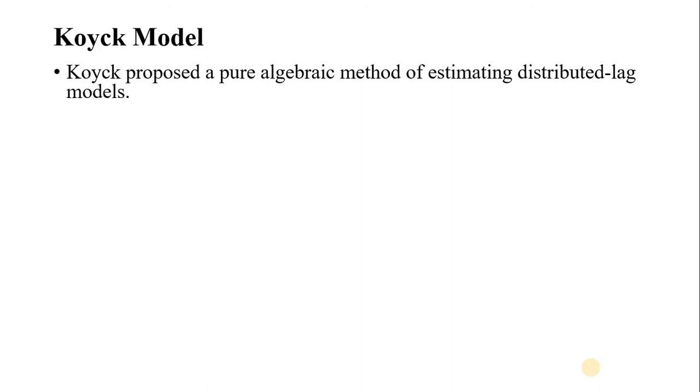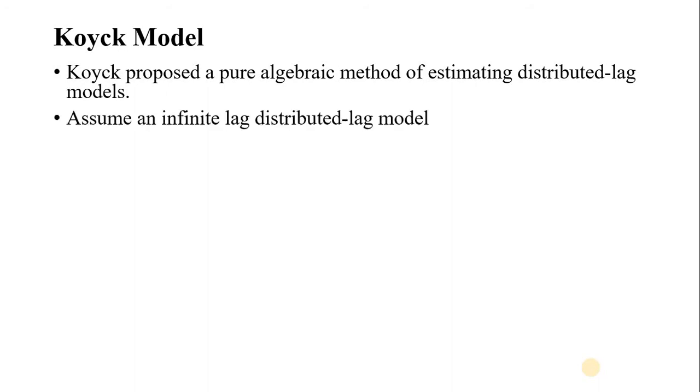So you have to remember that the Koyck model is basically a mathematical model; he developed it only through a mathematical technique. We will see how he developed his model.